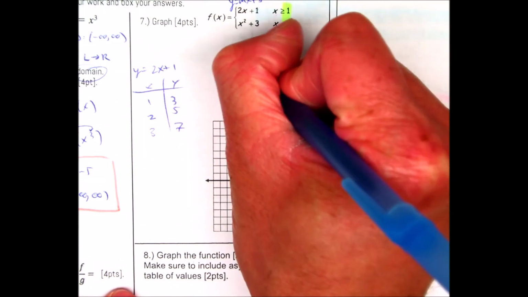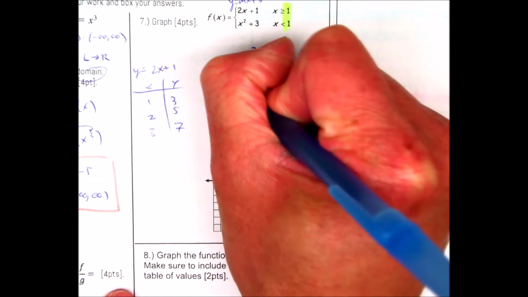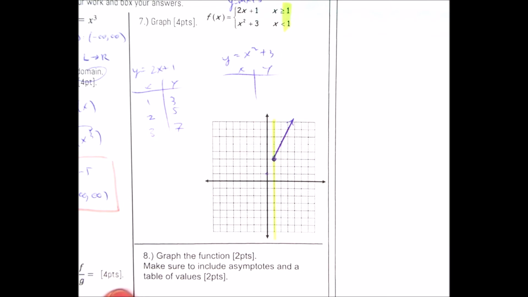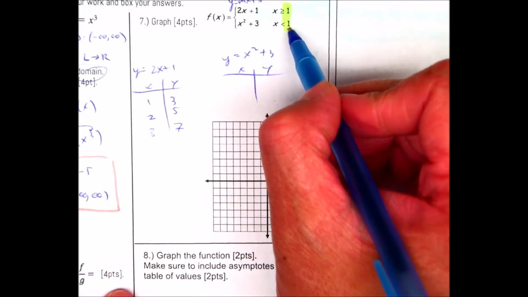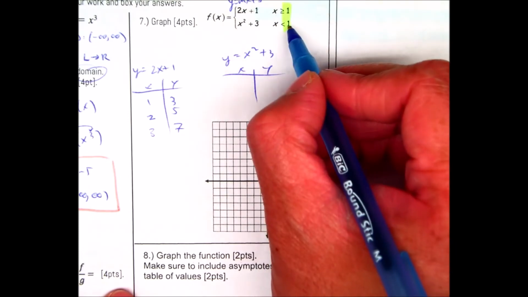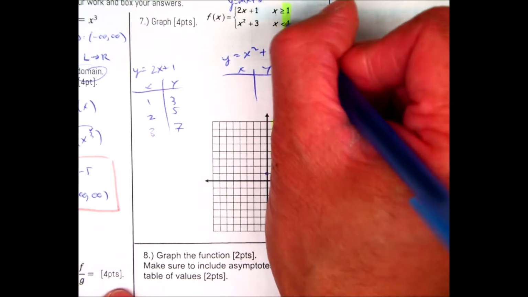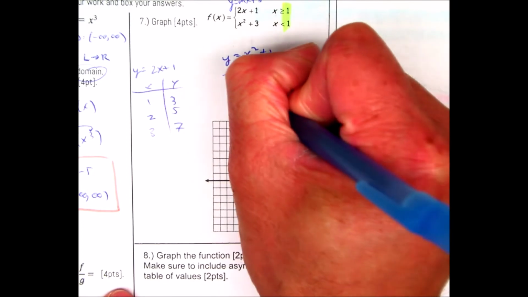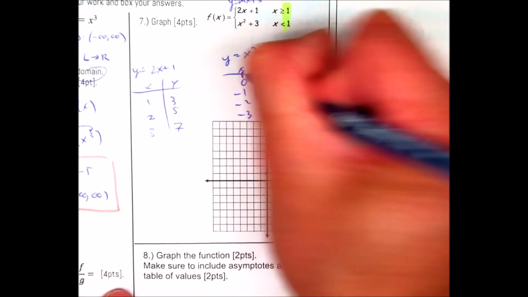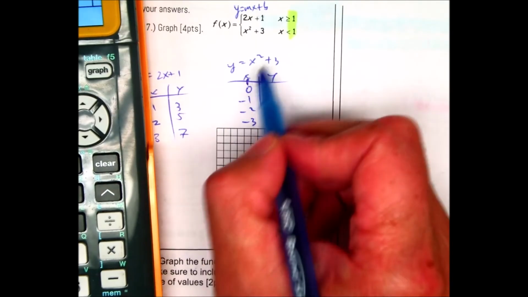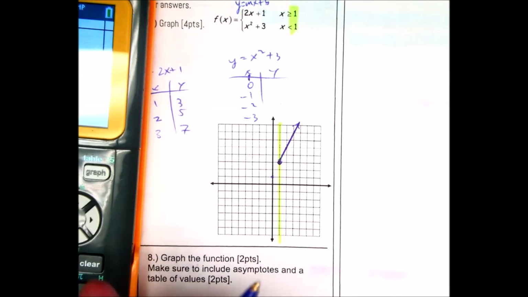The second function is y equals x squared plus 3, and here I want values that are less than 1, so I'm going to the left of that. Let's choose values that are smaller than that. You can choose 0, -1, -2, -3. Let's also choose 1. I know it tells us not to include 1, but I need a value there.